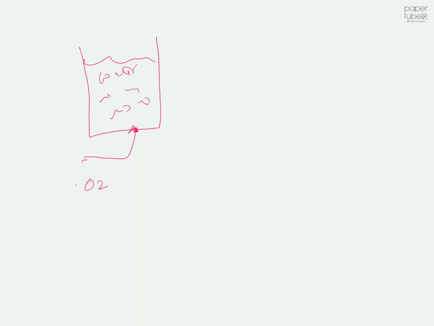If you want to know how fast you are dissolving, imagine you can measure that by adding a probe, let's call this an oxygen probe. That will allow you to measure the concentration of oxygen. So let's call C the concentration of oxygen.